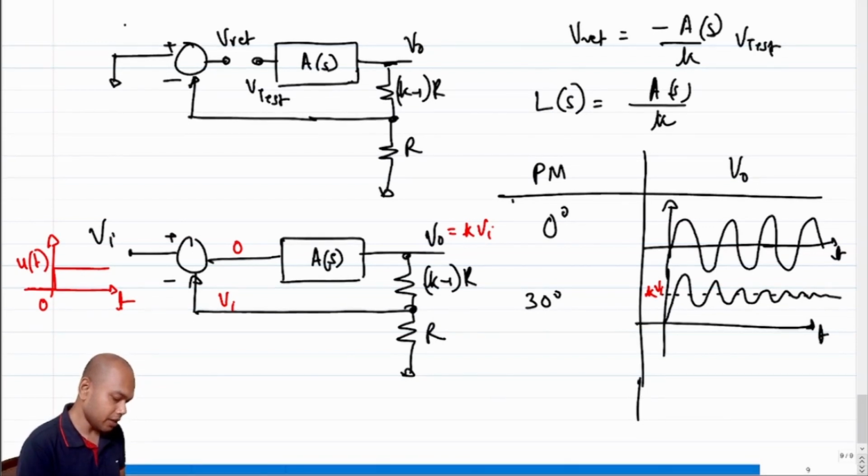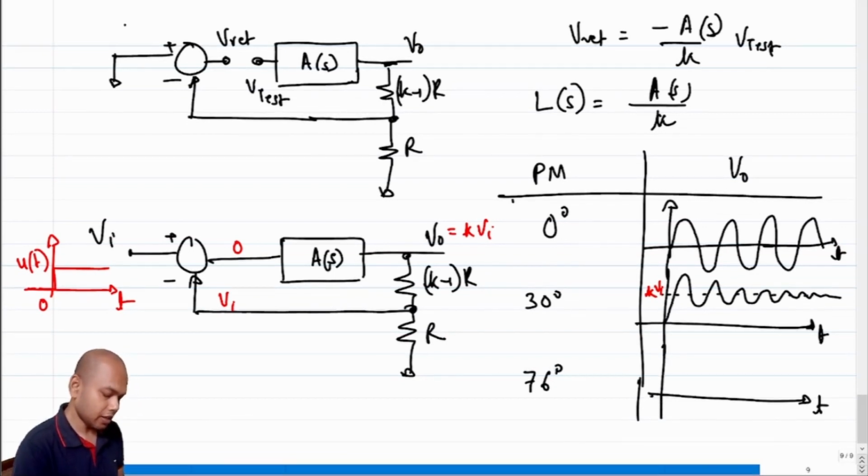And if you keep on increasing phase margin, and as it turns out, if you go to a phase margin of 76 degree, in a second order system, this is an important thing that I missed out, your output will not ring and it will settle like this to an eventual value of k times Vi.